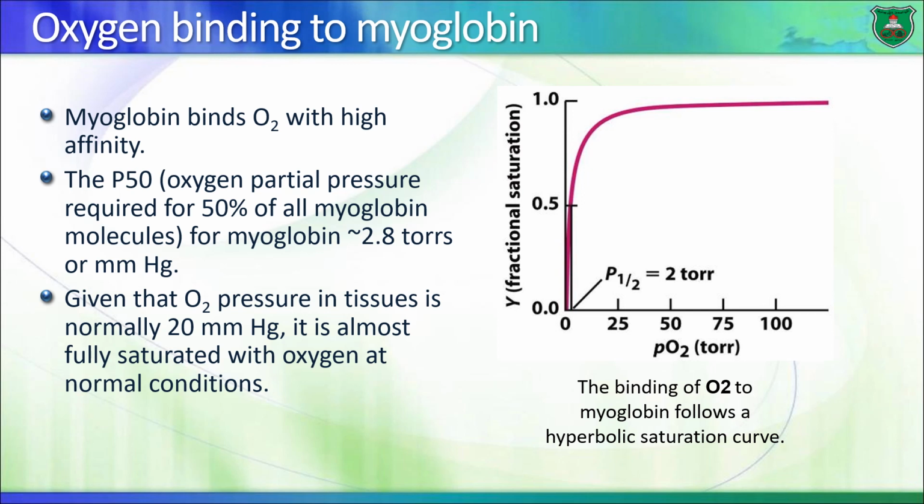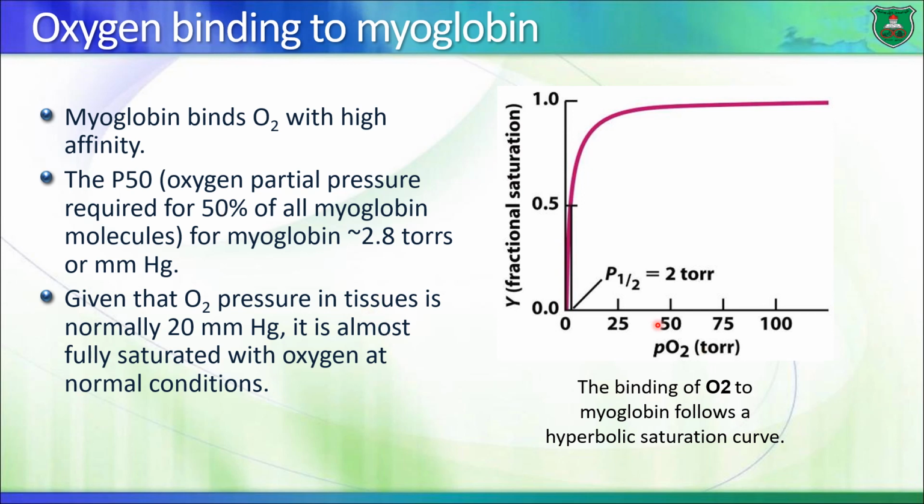Would you expect it to be at high affinity or low affinity? Now, your answer should be, it should be at high affinity, so that it does not get released unless the pressure of oxygen, the amount of oxygen in tissues, is very, very low. And that is exactly the case.